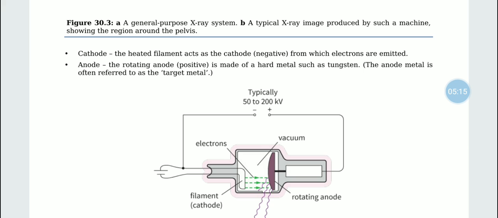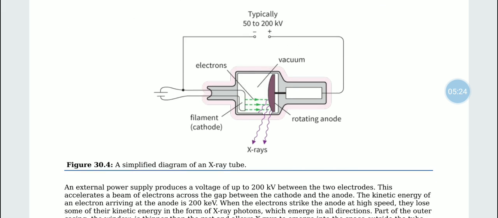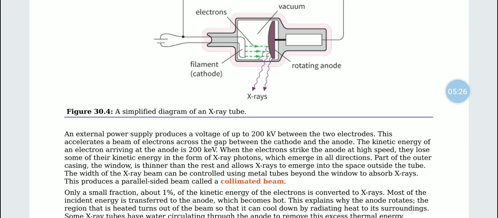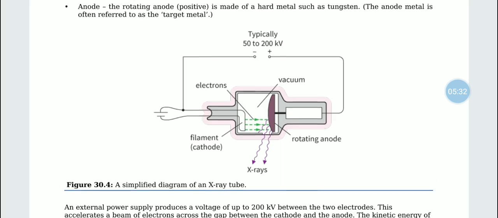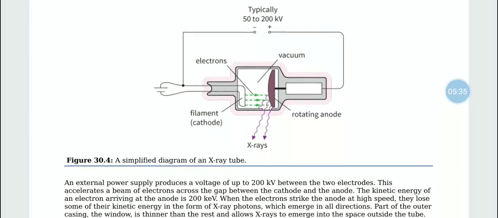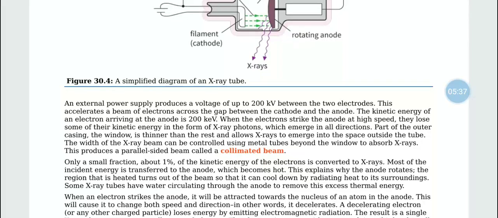So that is the target metal onto which these electrons are bombarded. There would be an external power supply, as shown in this figure 30.4, that produces voltages typically between 50 to 200 kilovolts.